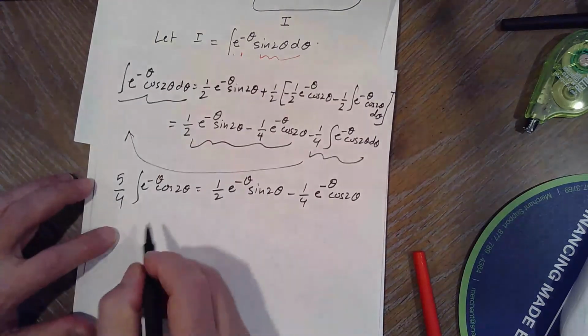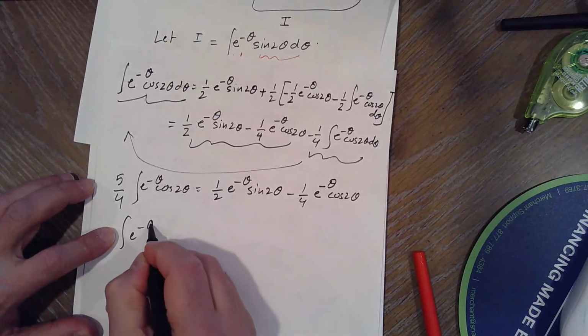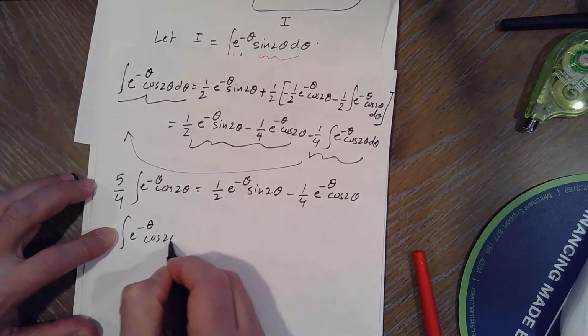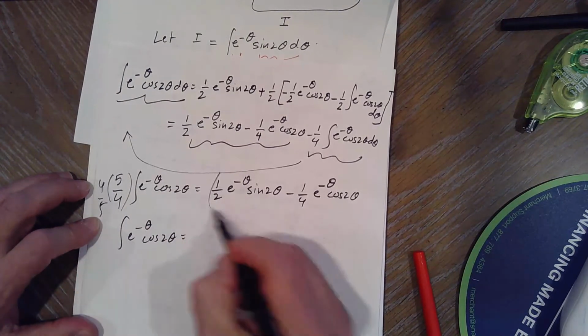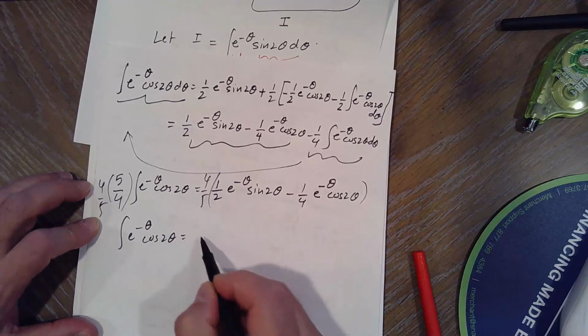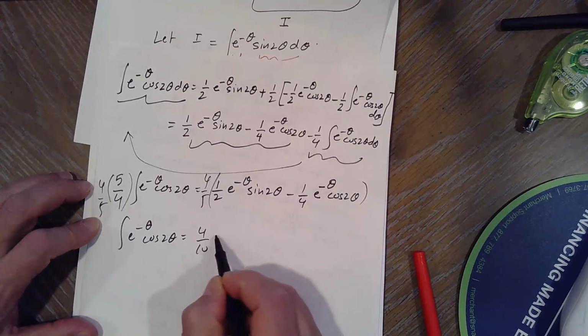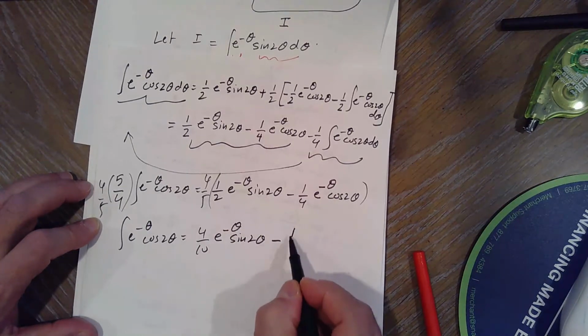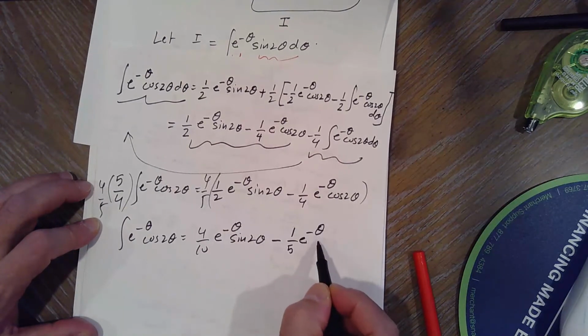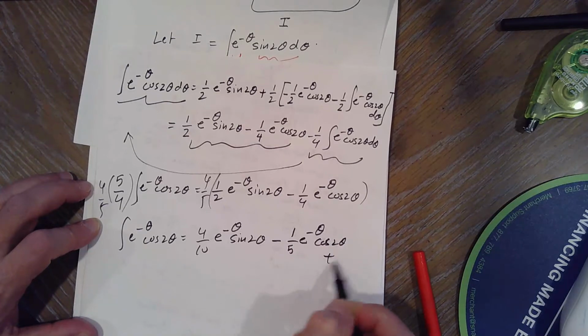Now multiplying by 4/5 would give us the answer. So multiplying this by 4/5, you get 4/10 e to the negative theta sine 2 theta minus 1/5 e to the negative theta cosine 2 theta plus c.